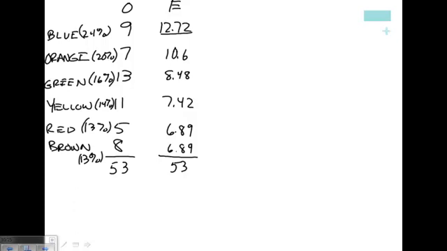And then I'm going to make another column. And that column is O minus E. Observed minus expected. So this first one's going to be negative 3.72. Let me just double check that.